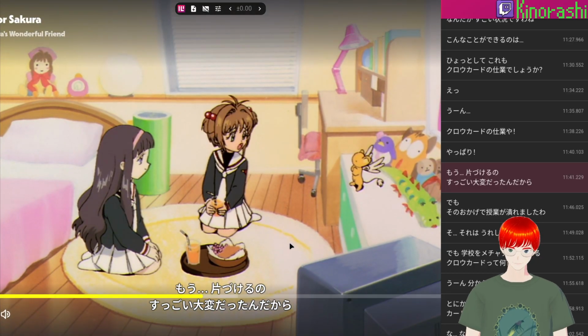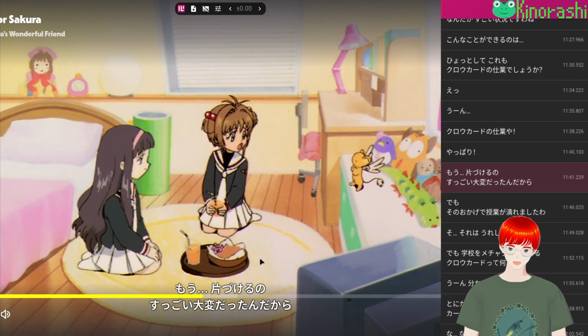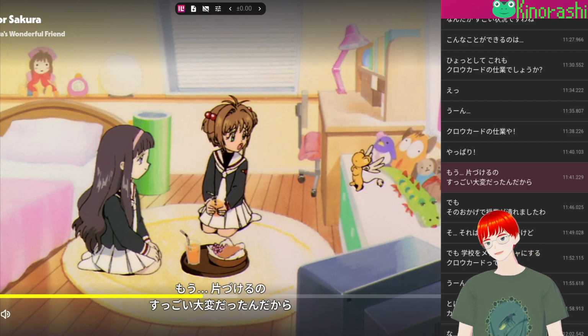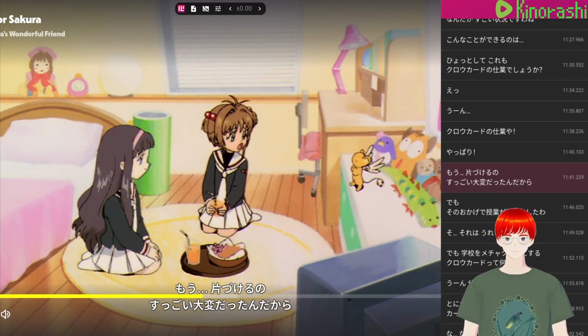Okay, so she's saying it's part of the same sentence. Mo katazukeru no sugoi taihen dattan dakara. So that was that big tidy up problem, that big problem.